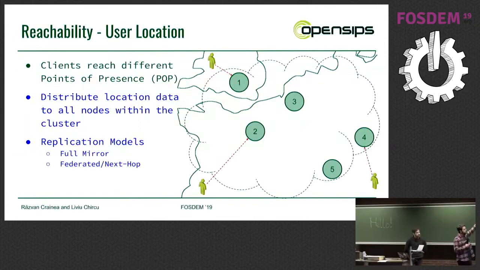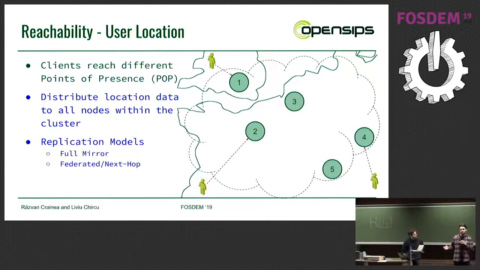First of all, user location. Imagine that you have different clients that are registered, some in London, some in Germany, some in Paris, in France. So each of them uses a different entry point in the platform. Now, what happens if the guy from London calls the guy from Paris? Well, he doesn't really know where the green guy is.